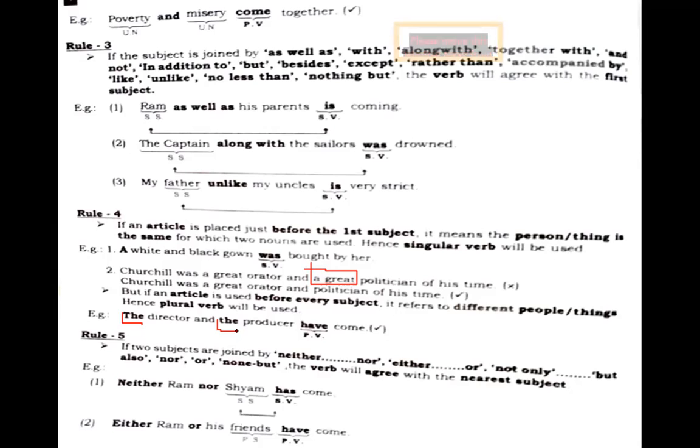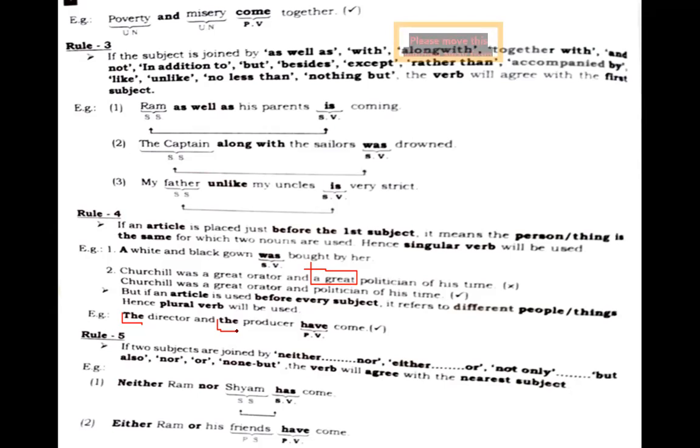But when this article is used separately in both the nouns or both the subjects, that refers to different people, and the verb will go according to that. So if it is applied before both the subjects, this will require a plural verb.